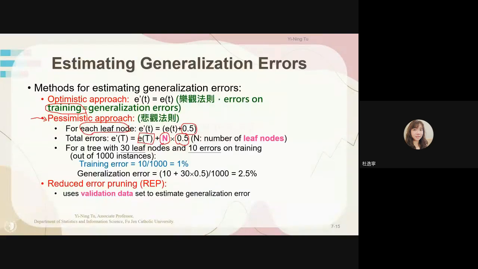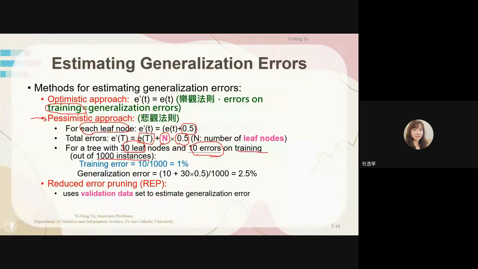Then it will be the pessimistic error. For example, in the training set there are 1,000 instances and there are 10 errors. 在我的训练资料里面 I have 1,000 instances, but we have 10 errors on the training set, and the leaf count is 30.